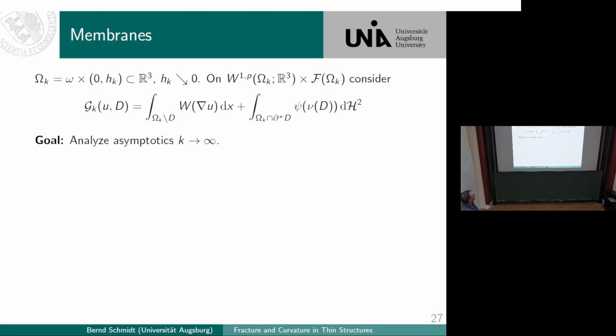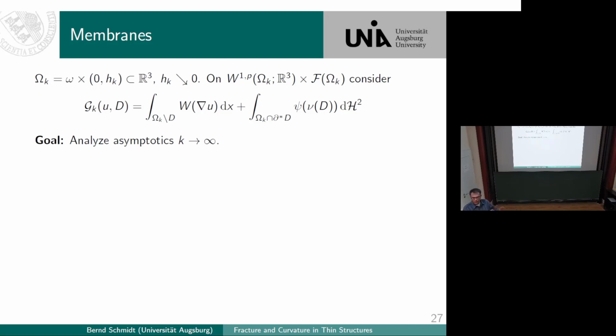So if you do the same now for membranes, it's exactly the same setup as before, only that this should be a capital S, I'm sorry, not a small omega, only that we're looking into thin films. If I try to do a dimension reduction analysis for this, what should I do?